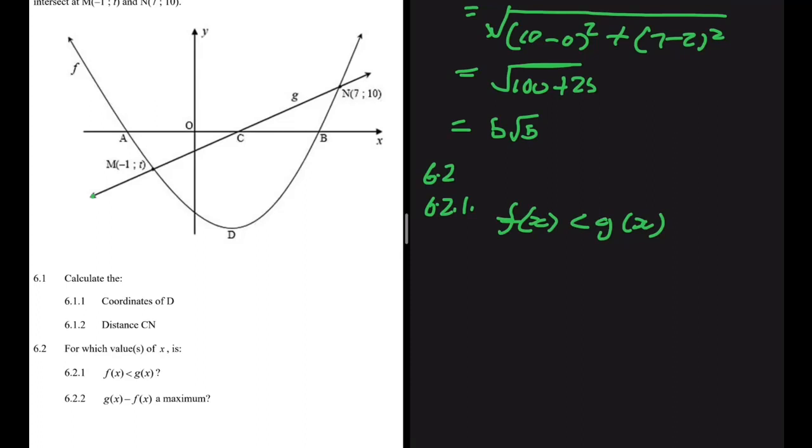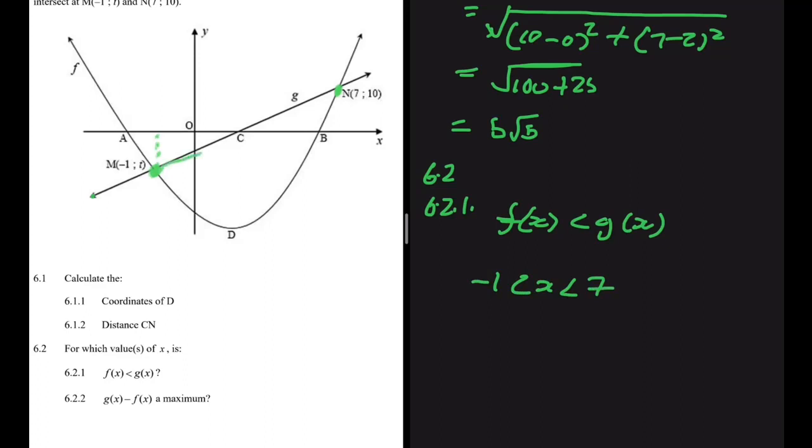We can see that here between the x value of M and the x value of this point N, our graph g of x is above f of x. So we can say that from minus 1 to just slightly less than 7, g of x is greater than f of x.